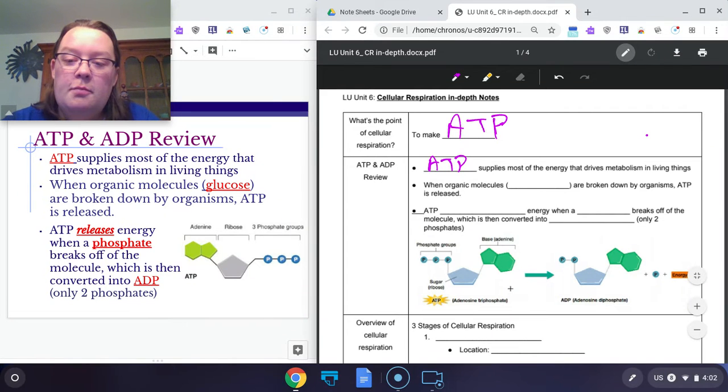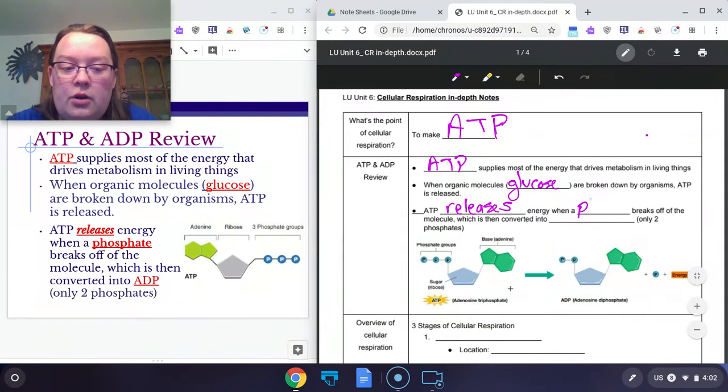So when organic molecules such as glucose are broken down in organisms, energy or ATP is released. So ATP releases energy when one of the phosphates is broken off and the energy stored in that bond is released.